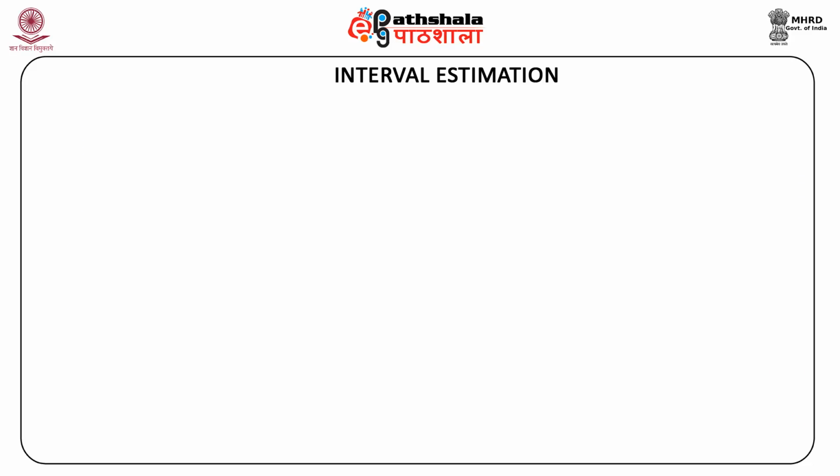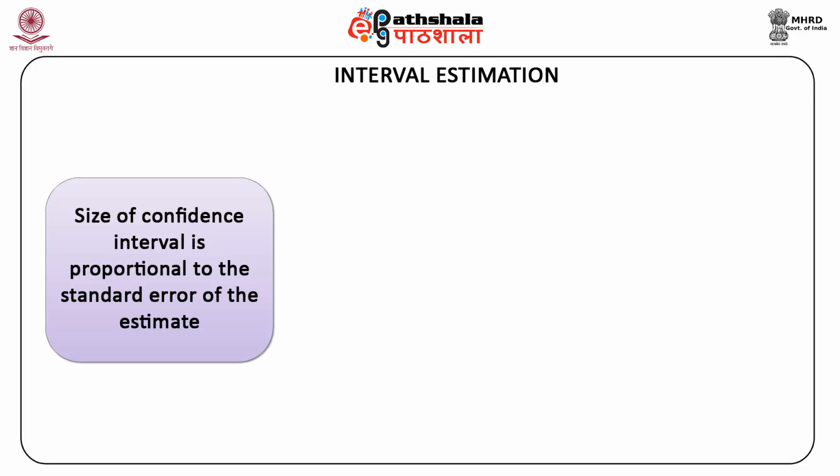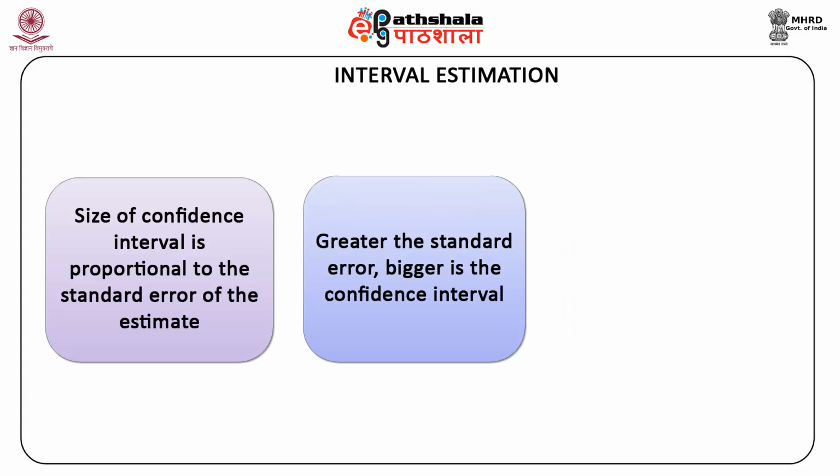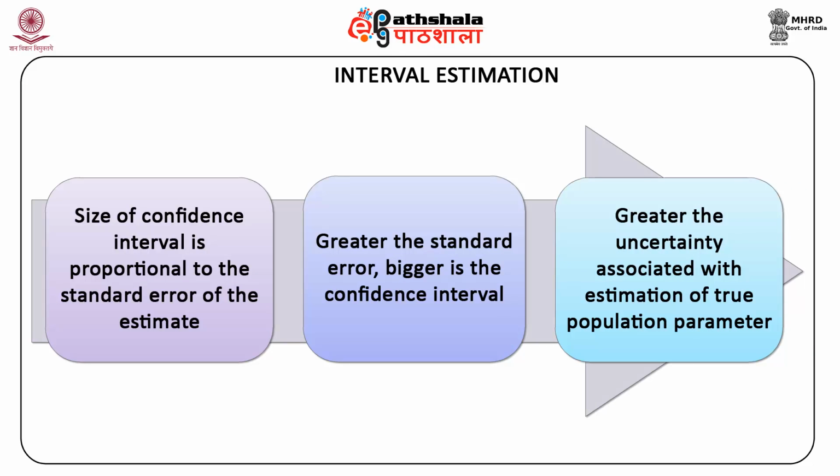We can see that the size of the confidence interval is proportional to the standard error of the estimate. The greater the standard error, the bigger the confidence interval, and the greater the uncertainty associated with estimation of true population parameters.